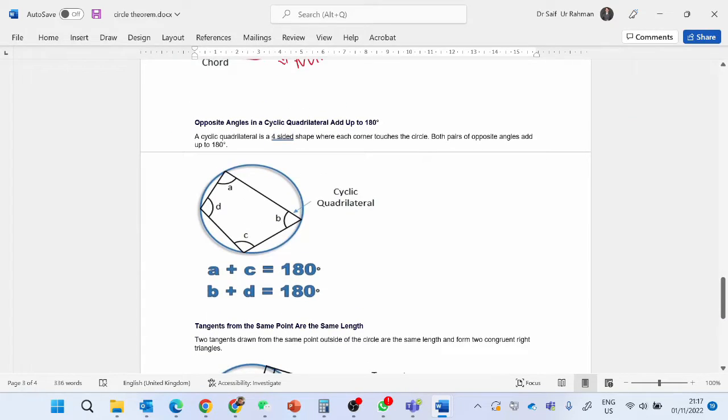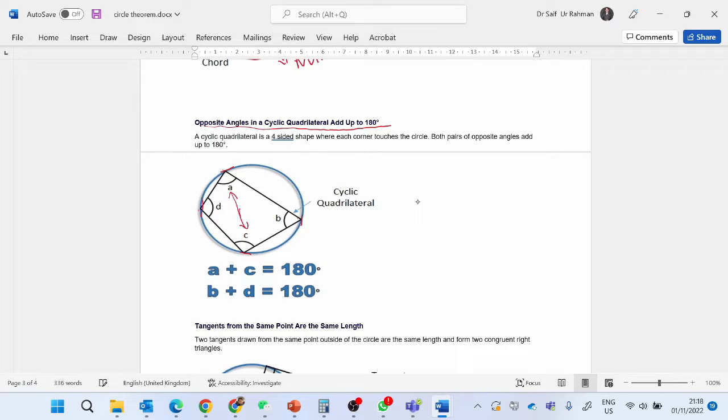And the next theorem is opposite angles in a cyclic quadrilateral add up to 180. In this circle, we have a quadrilateral, a straight-lined shape which has four sides, within a circle, where the vertices of the quadrilateral are touching the circumference. In this case, the opposite angles are equal to 180.